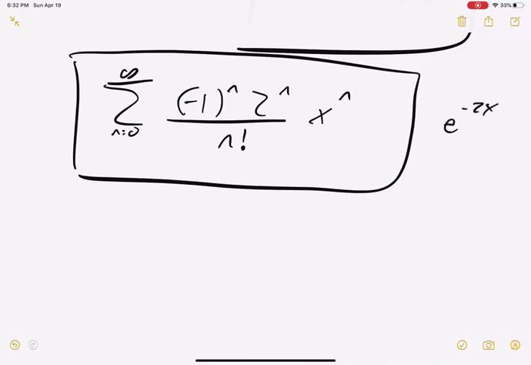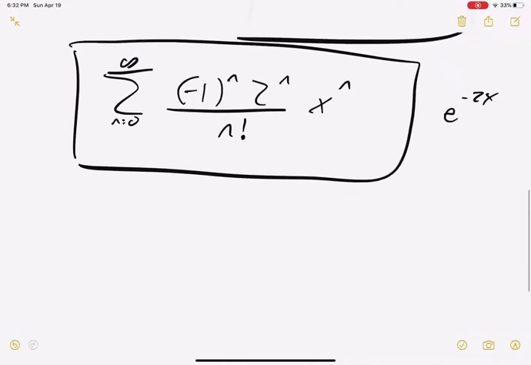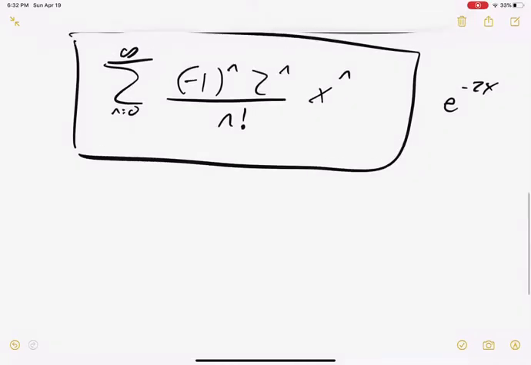What is the radius of convergence, interval of convergence? To do that, we just do the ratio test. Okay, since we're doing absolute values, we can ignore negative signs.